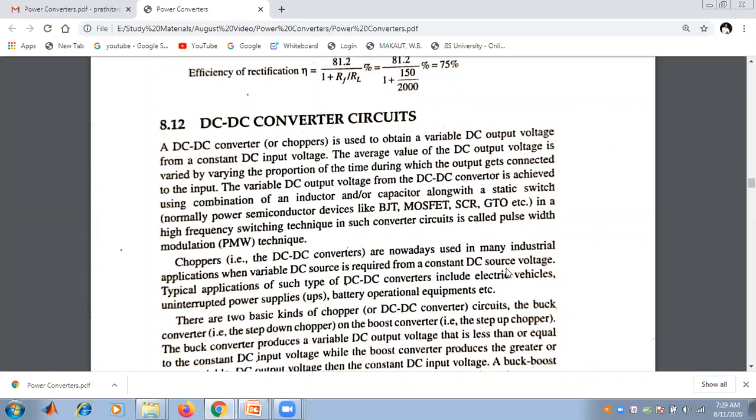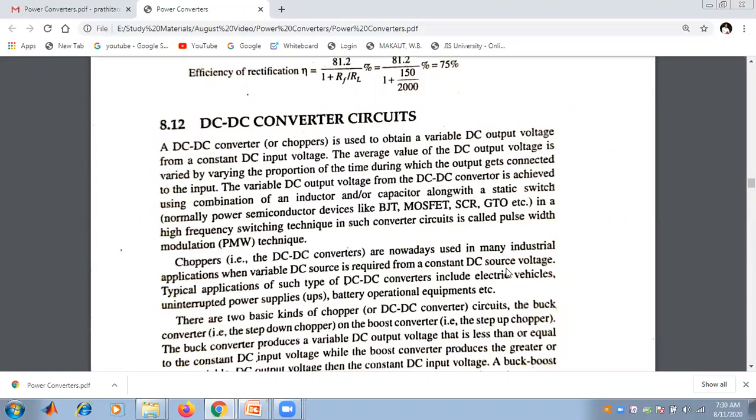So generally, power electronics converters are used in industrial, commercial, and domestic applications like traction, transmission, motor control, power supply equipments, inverter fed AC system, and domestic equipments.